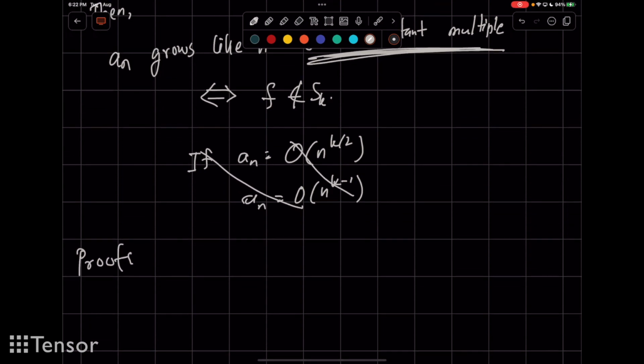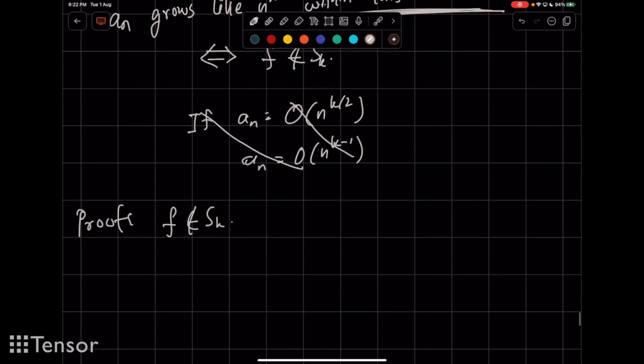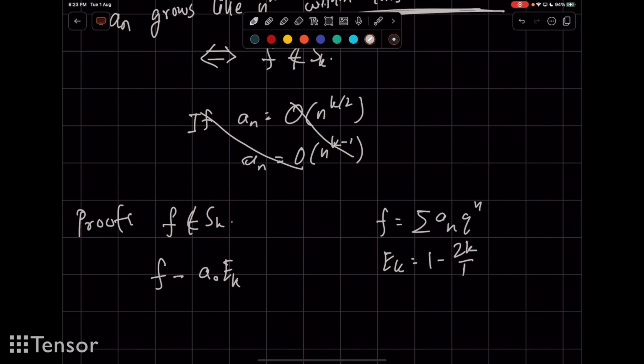Proof. Let's say f is not a cusp form. Then what we do is basically consider f minus a_0 E_k. So f is the sum of a_n q to the n, right? And what is the constant term of E_k? E_k is 1 minus 2k over B_k times the sum of sigma_{k-1}(n) q to the n, right?